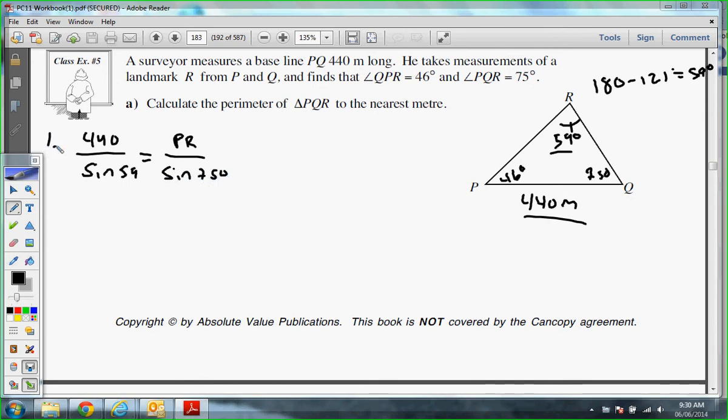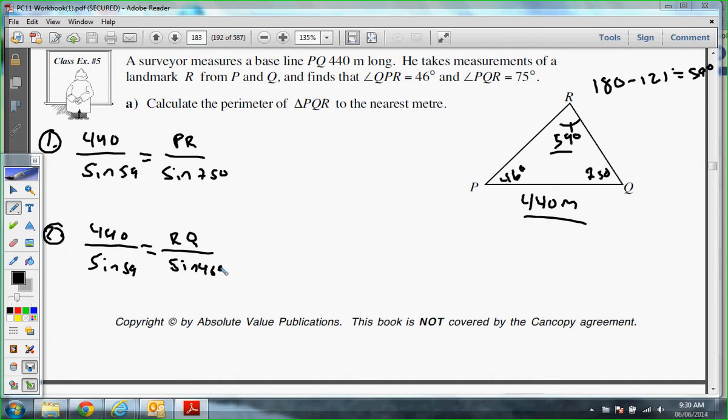Okay, that's the first one we need to do. Might as well set up the second one. 440, we use the same proportion, equals RQ over sine 46.